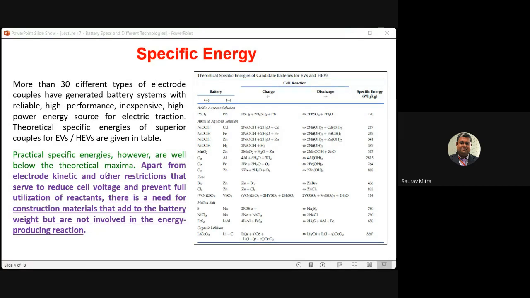They could not tell it clearly, but they have indirectly given a hint: whatever material the casing is made of should be as light as possible and as sturdy as possible, because casing material increases the weight of the battery, and casing materials do not take part in the energy generation.